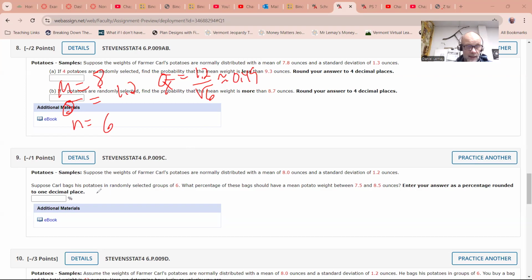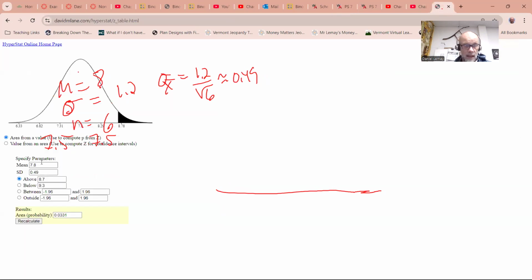And then let's see, suppose you bag, what percent of these bags will have a mean between 7.5 and 8.5? So 7.5 and 8.5. So I'm going to come back here to the David Lane calculator. And the mean is, let's see, the mean is 8. And the new standard deviation is 0.49 again.